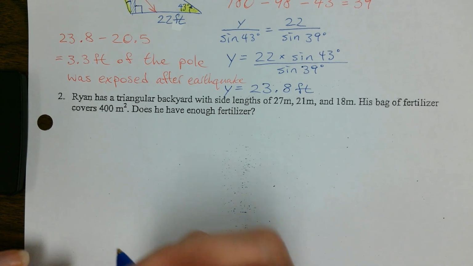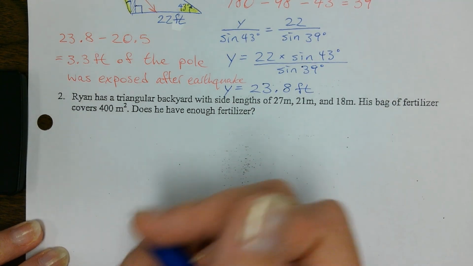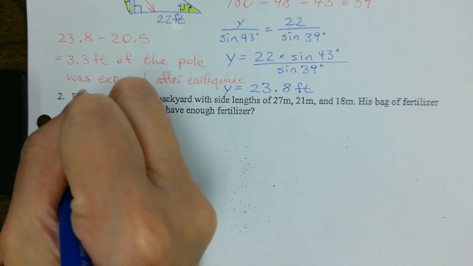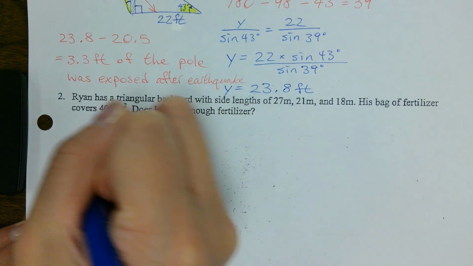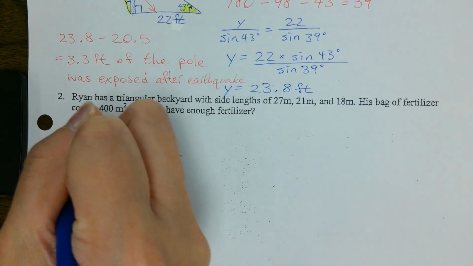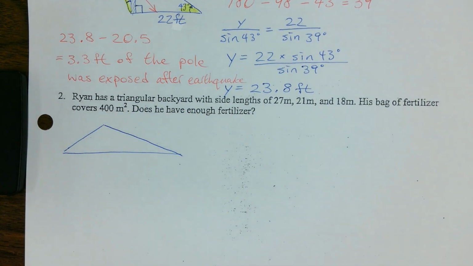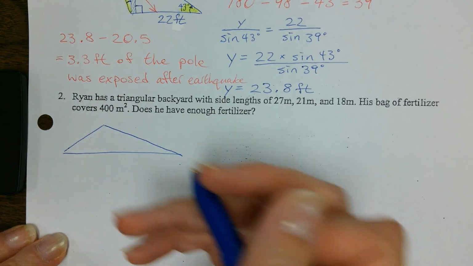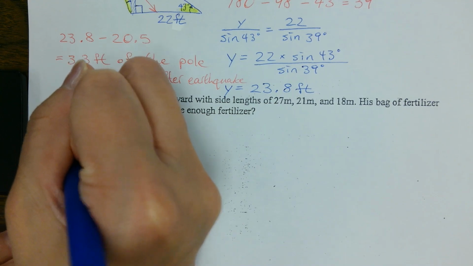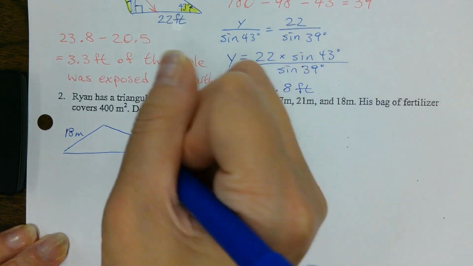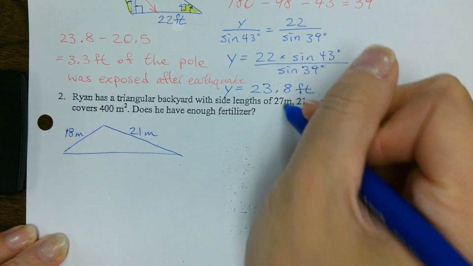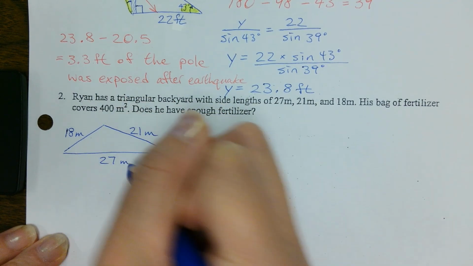It makes it easier. But if it doesn't say, assume that it is not a right angle triangle. So I'm going to draw a triangle like this, so that this is 18 meter, 21 meter, 27 meter.